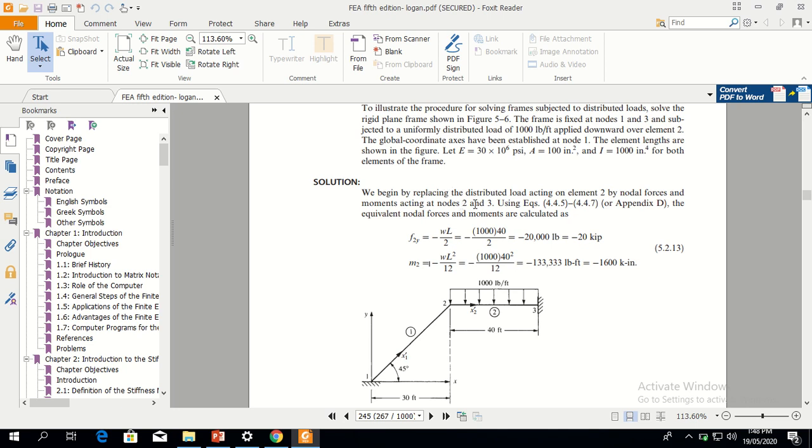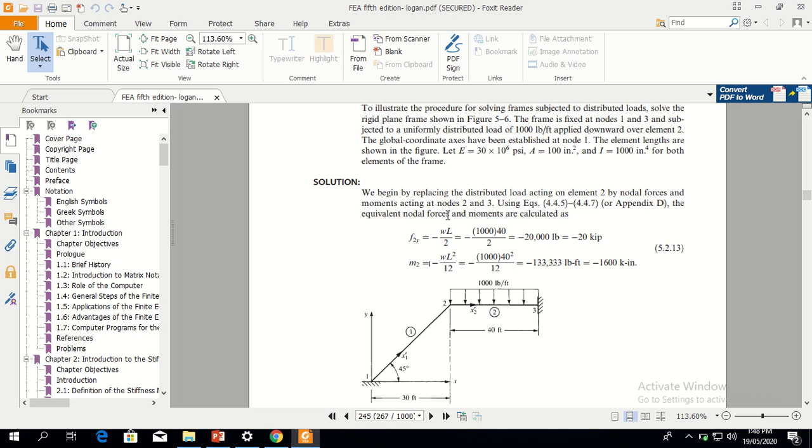given. We start this problem by converting this uniformly distributed load into concentrated load. So this can be done by moments acting at node 2 and node 3 using equations.